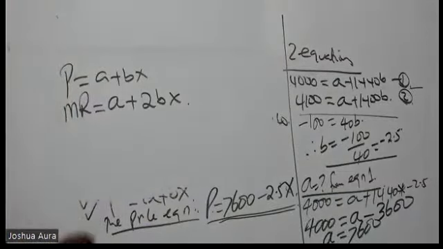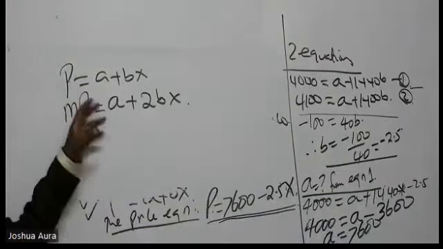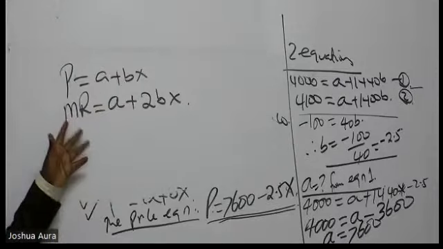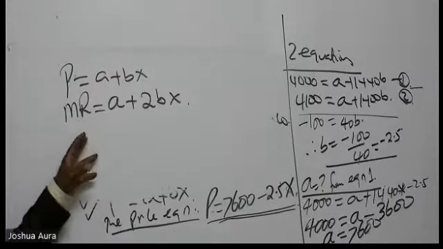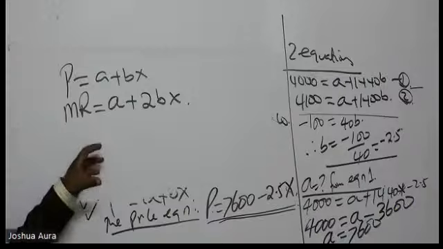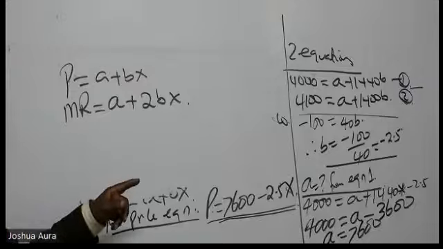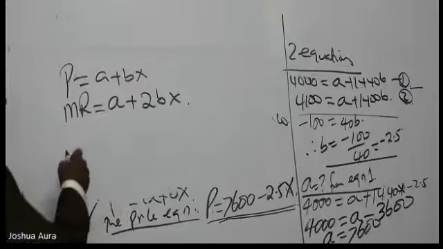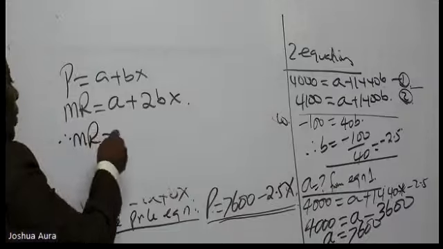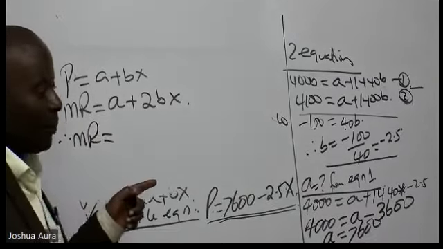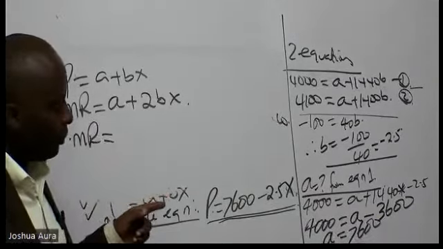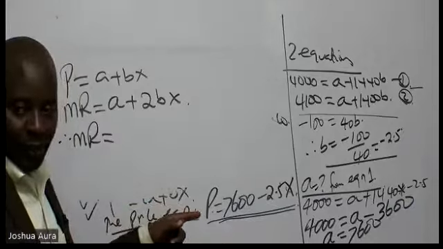In my class, I must have told you that if price is A plus BX, then always for marginal revenue, you can take this shortcut where you say marginal revenue is A plus 2BX. Now listen, in this question, do we know what our A is? 7,600, isn't it?